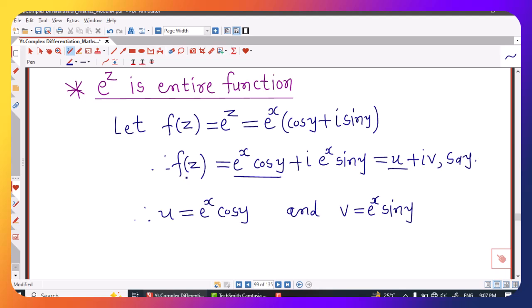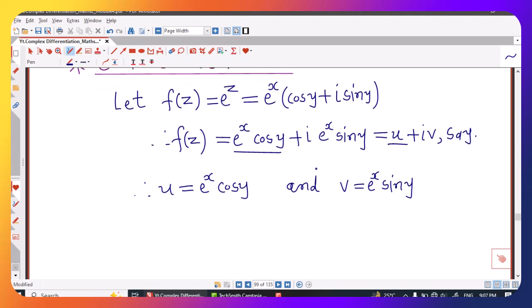First we have to check the satisfaction of the Cauchy-Riemann equations, and that will give us the idea of differentiability, and then using the definition of an analytic function we will be able to determine the points at which this function is analytic.